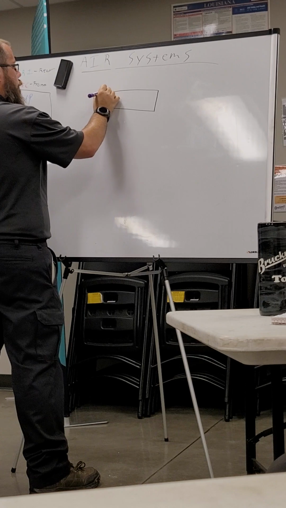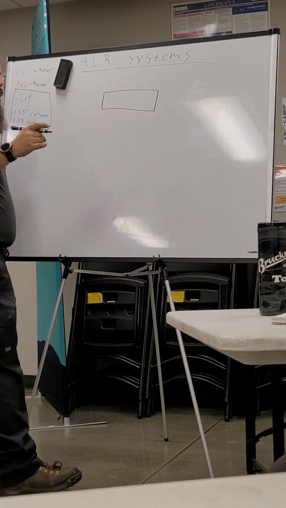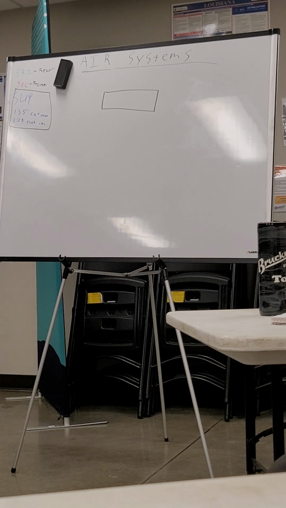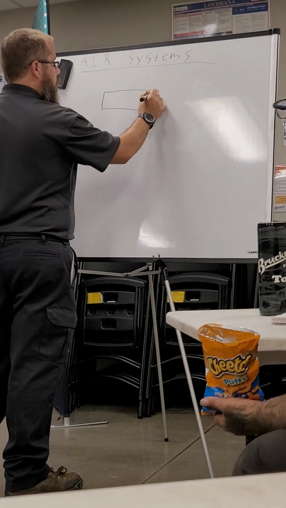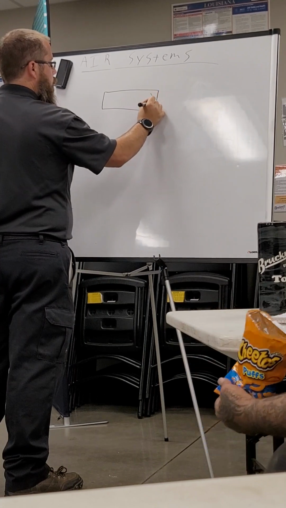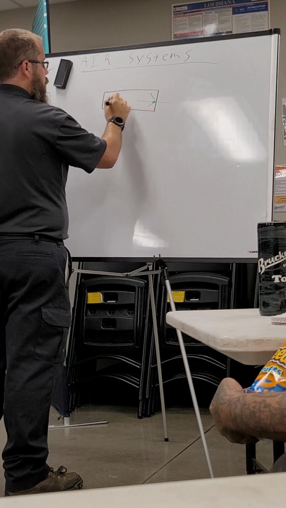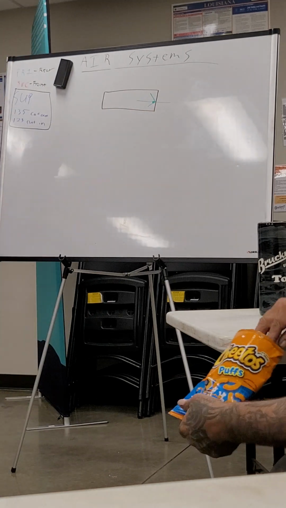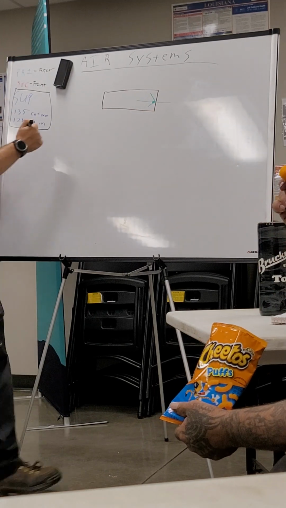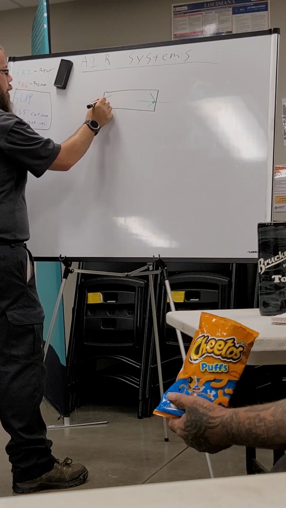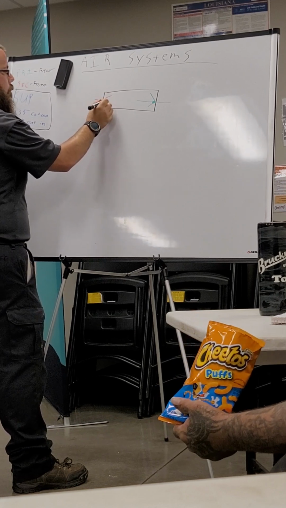I'm drawing this diagram, and it's the same diagram you're going to see in your schematics, just so you're aware. I think theirs is going to be drawn a little bit better than mine, but same thing.